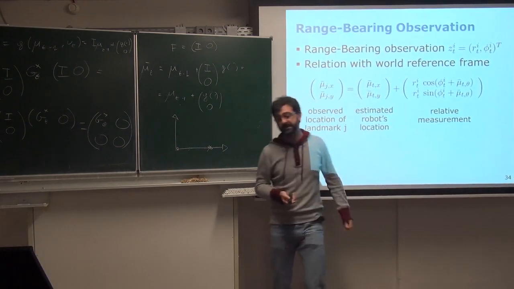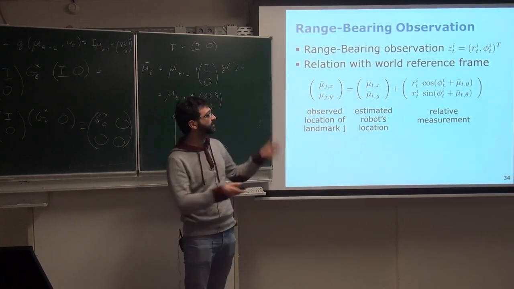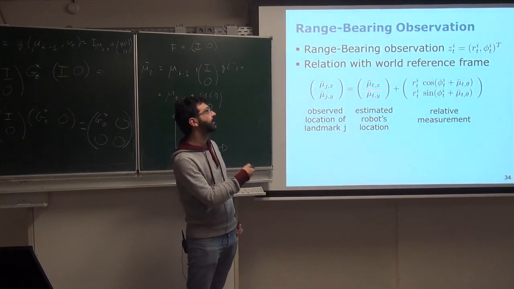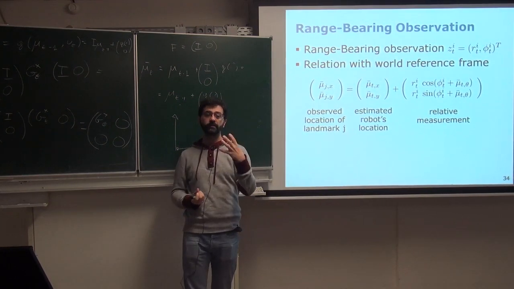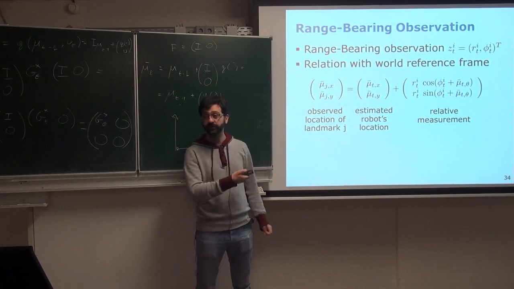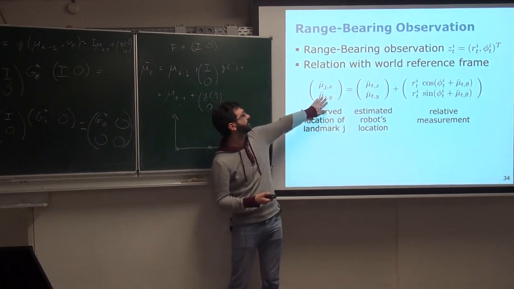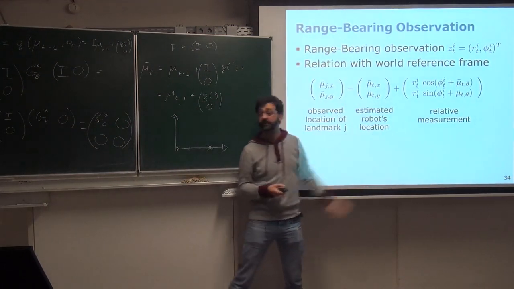So you can already imagine that this also relates to our measurement function. Our measurement function will be the other way around: we want to know how to get this angle and this range, given that we have the location of the landmark and the location of the robot.